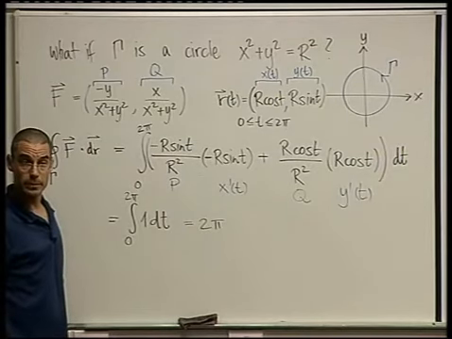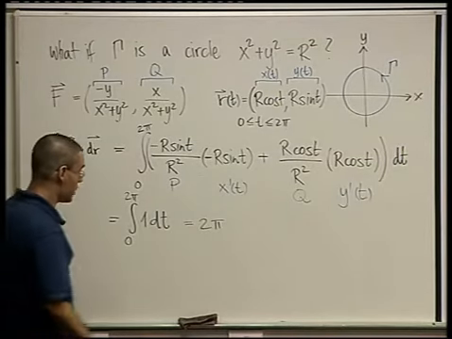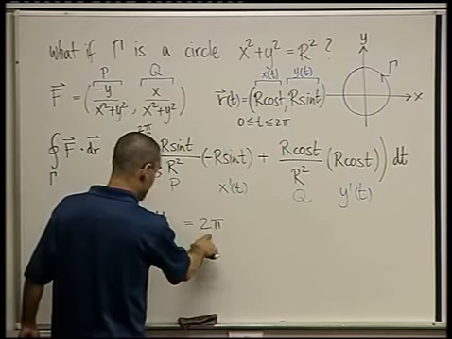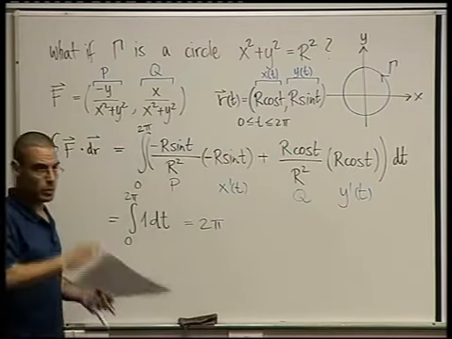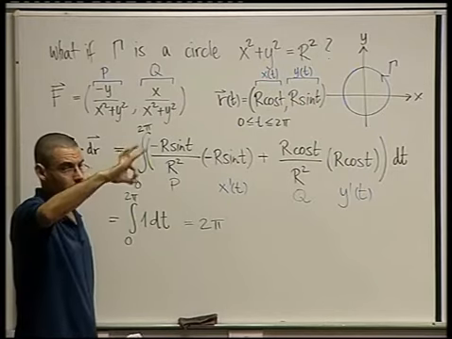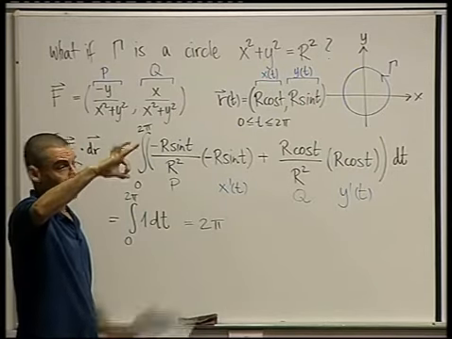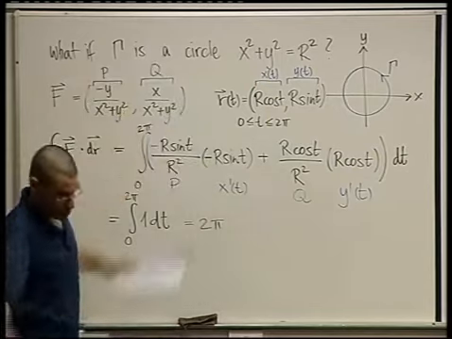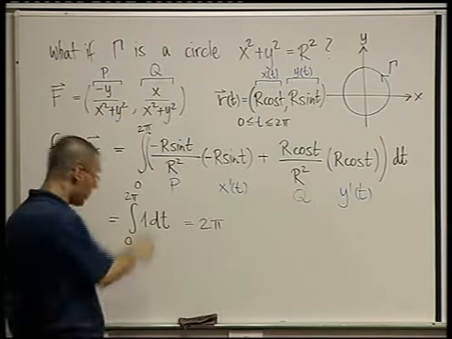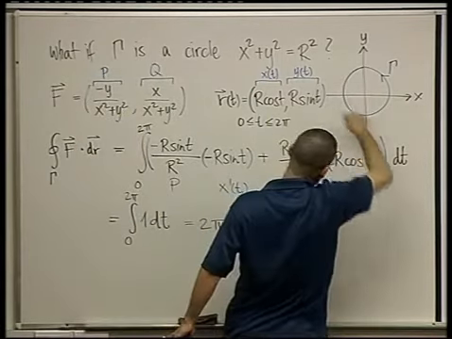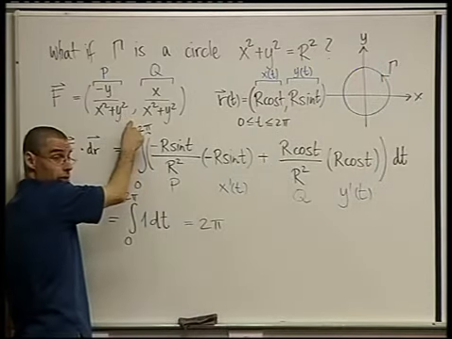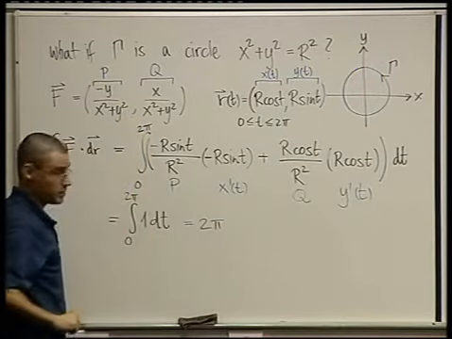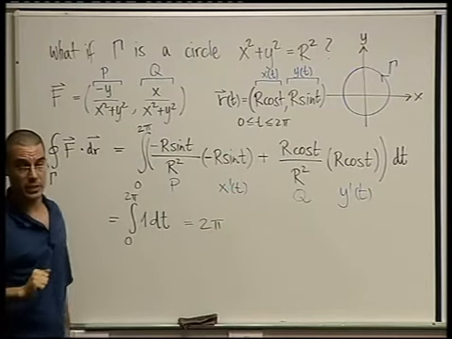Do you agree? And the second thing that just happened is that it doesn't depend on r. Whether you're doing the work along a tiny little curve around the origin, or along a giant circle around the origin, the total work you'd be doing in moving a bead along this wire, if this is the force, is going to be 2 pi, independent of the radius.